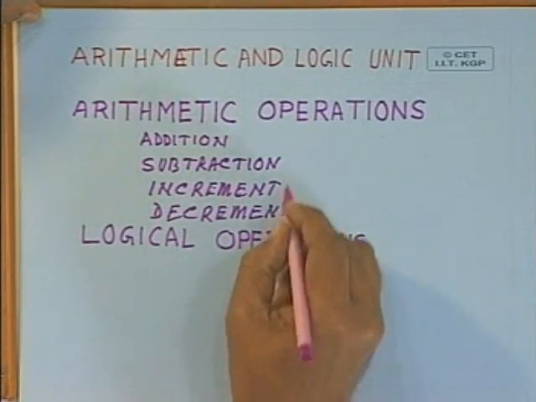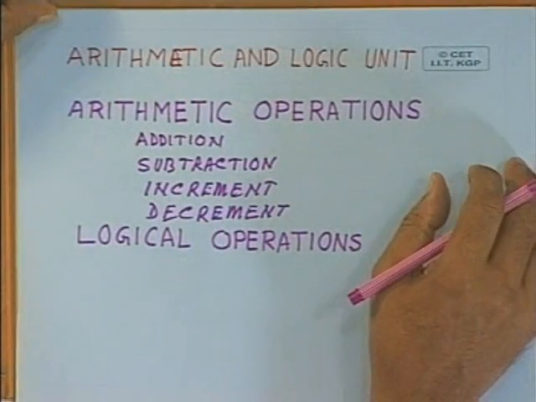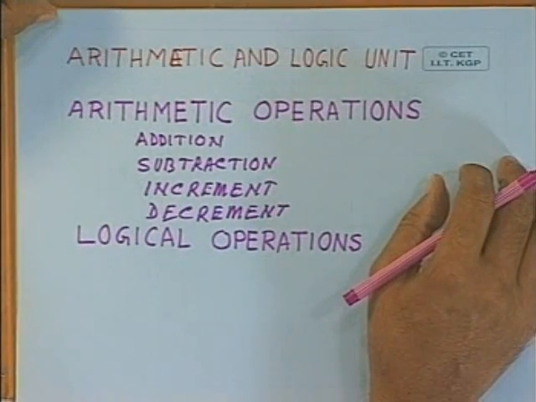These are the only arithmetic operations which are provided in 8085. Obviously, whenever you have to implement multiplication or division, you have to write a program. You have to implement it with the help of software, and you will do it in your lab.